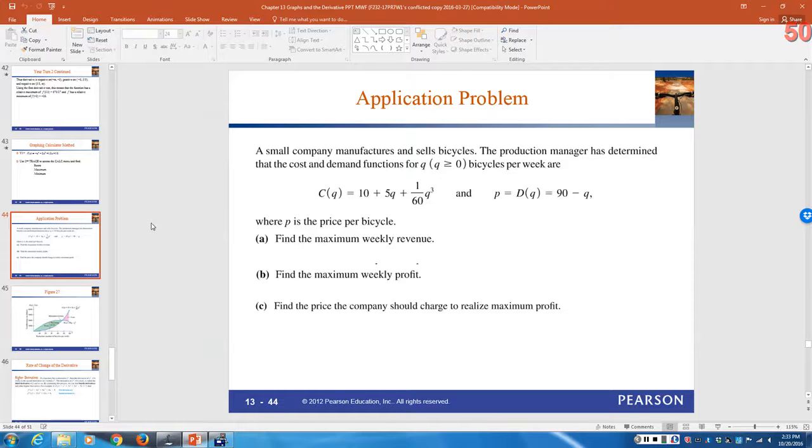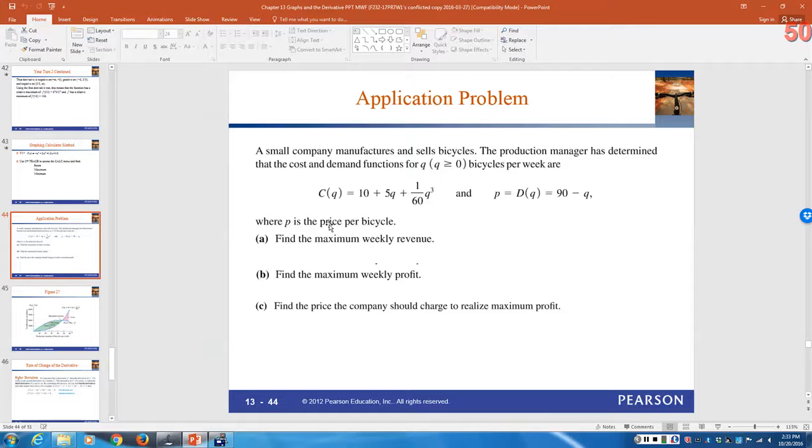And price is D of Q, which is 90 minus Q. And P is the price per bicycle. And they want us to find the maximum weekly revenue.